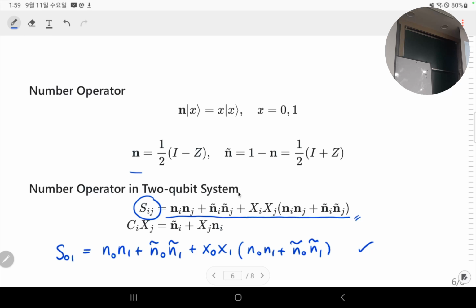I think there's a typo here. I think there's a typo. I think I have to calculate by myself, but we're going to do it together.